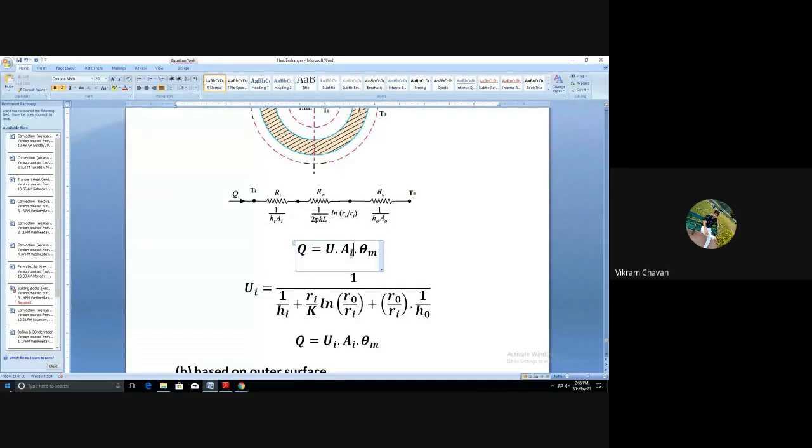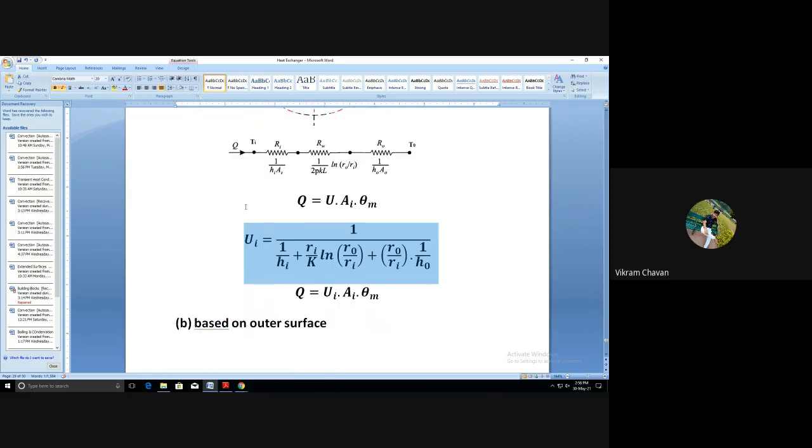If you take the internal surface area common and transfer it to the numerator side, you will get U i in this manner: 1 divided by 1 upon h i plus ri divided by k multiplied by ln of r naught divided by ri plus r naught divided by ri multiplied by 1 upon h naught.